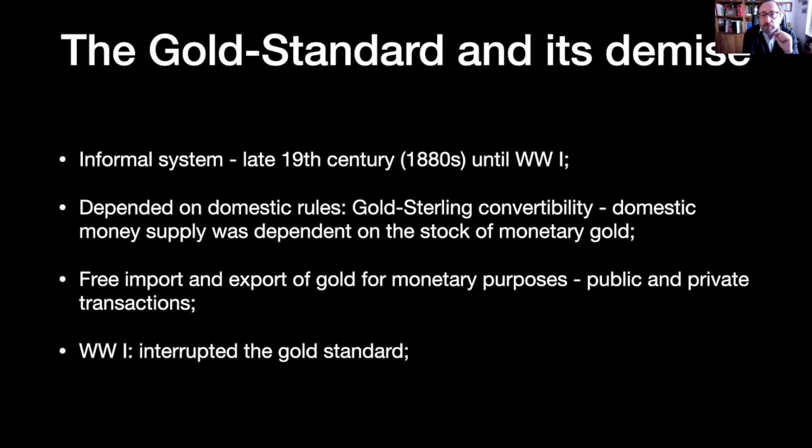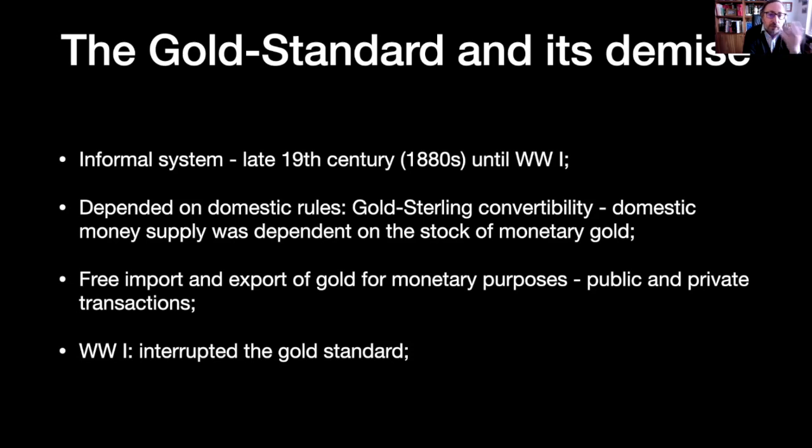of the United Kingdom. So, when the Bank of England issued a banknote of £1, they needed to have in their reserves the value of that £1 banknote in gold. Why? Because if you wanted, you could go to the Bank of England and trade that banknote, or that set of banknotes, for gold. At the time, there was free import and free export of gold for monetary purposes.